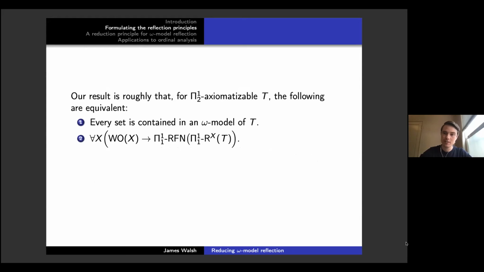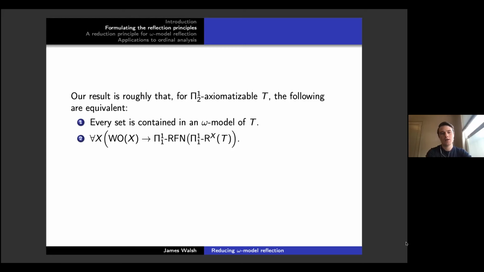First, that every set is contained in an omega model of T. And second, that for every X, if X is a well ordering, then X iterated Π^1_1 reflection for T is Π^1_1 sound. So this second claim says you can iterate Π^1_1 reflection for T along any well ordering, and it doesn't go wrong, you still get something Π^1_1 sound. You get arbitrarily iterated Π^1_1 reflection.